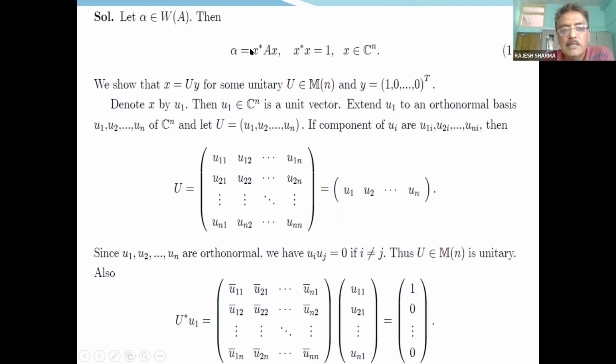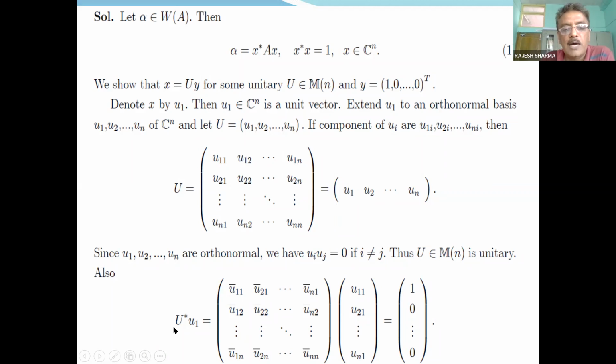From that we see that the 1-1 entry is then alpha. Now x is a unit vector, we denote it by u1, and we can extend u1 to an orthonormal basis u1, u2, up to un. So this matrix is then the unitary matrix U with columns u1, u2 up to un.